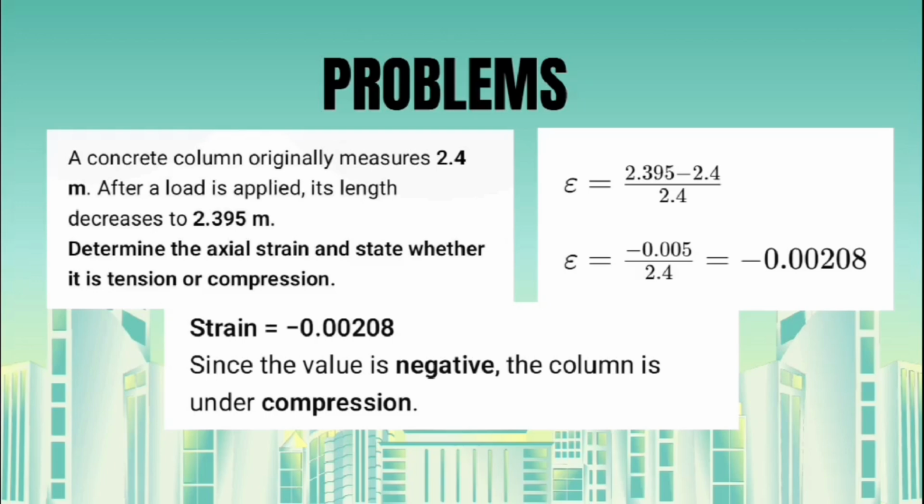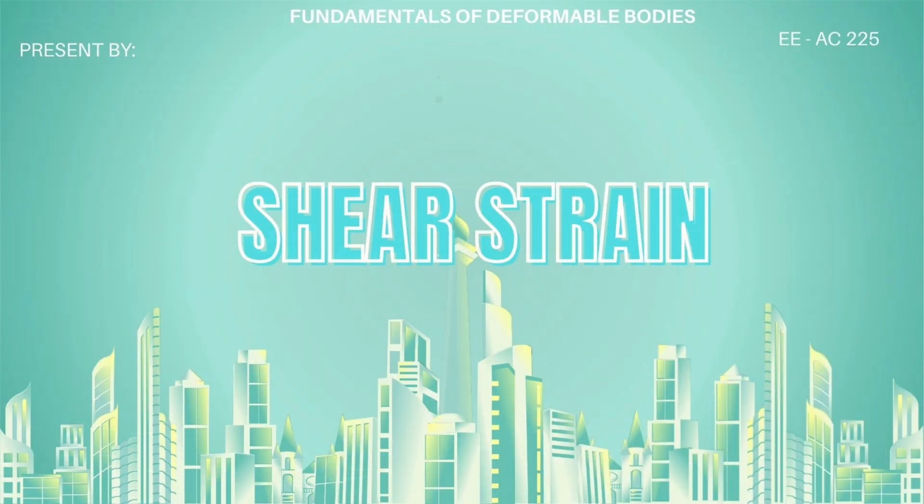And we get an answer of negative 0.00208. Since the value is negative, the column is under compression. And that is the process in getting the axial strain. And that's all. Good day everyone.